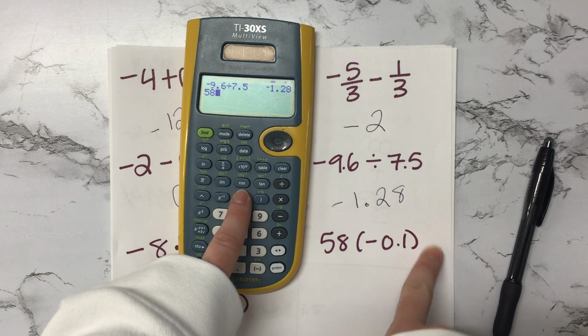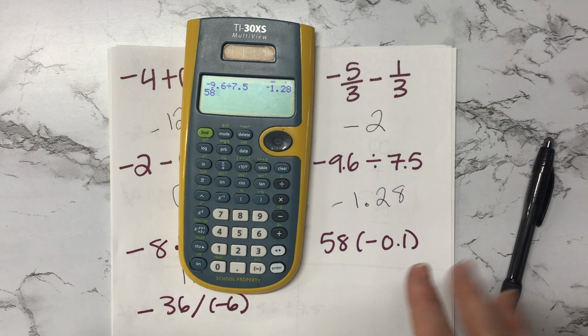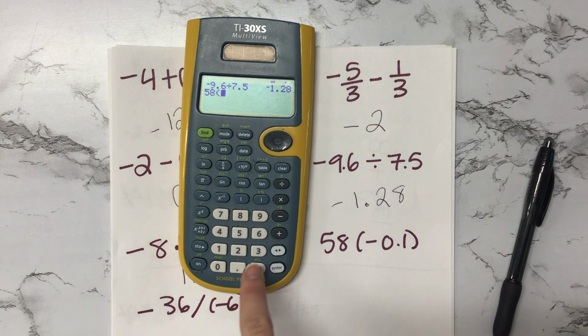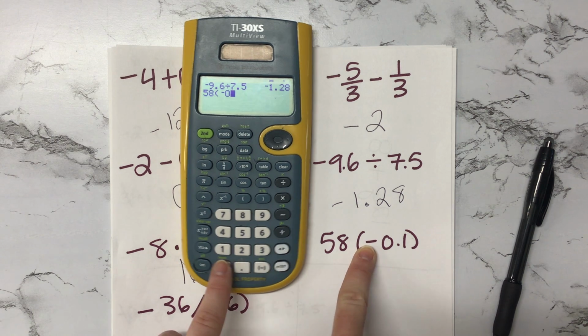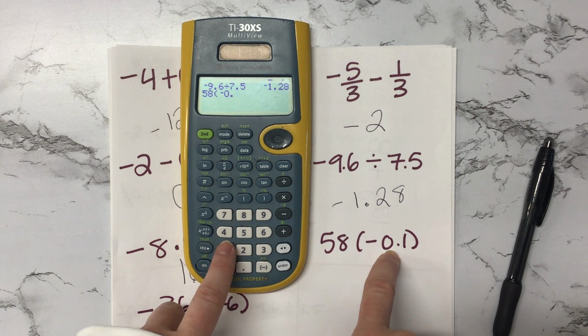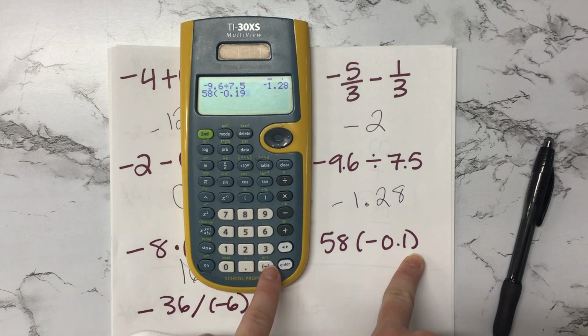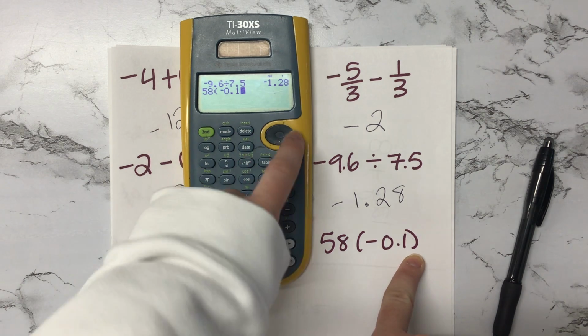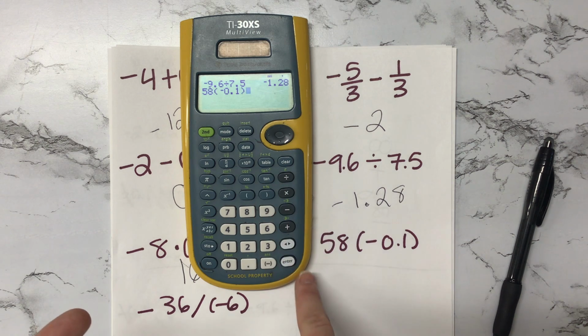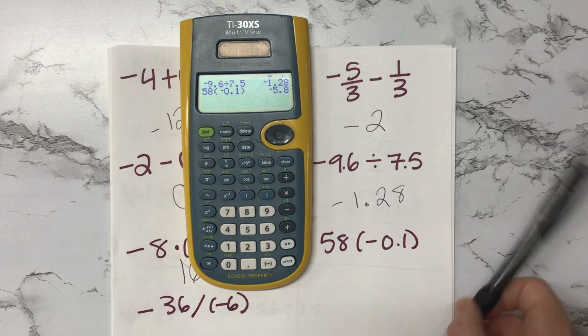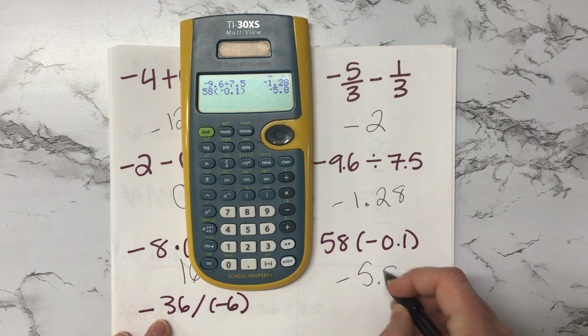Then I can just type it like it looks. So parentheses, this is a negative, -0.1, close the parentheses. So there I hit the wrong one. So I'm going to arrow over, hit the correct one, negative 5.8.